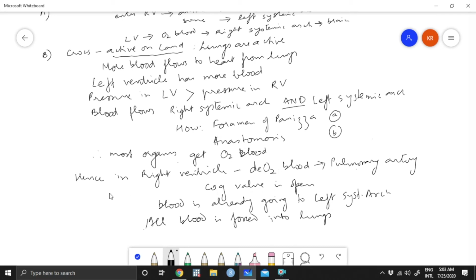So the important feature is that the cog valve is open, and because of that blood goes into the lungs, and because the pressure in the left ventricle is more than pressure in the right ventricle, from the left ventricle the oxygenated blood is going through right and left systemic arches. So most organs will get oxygenated blood.